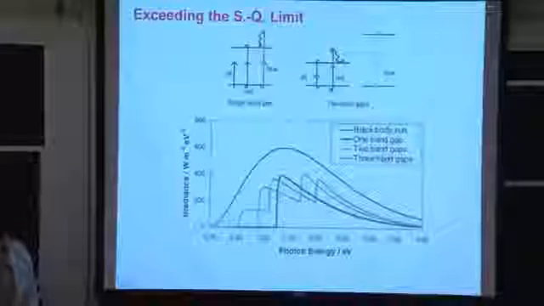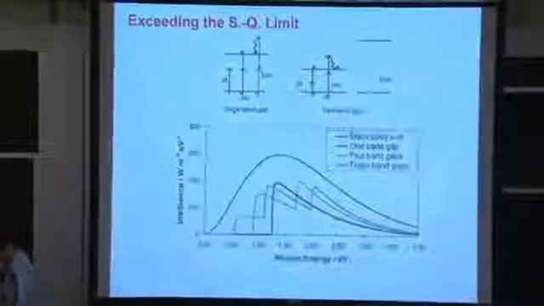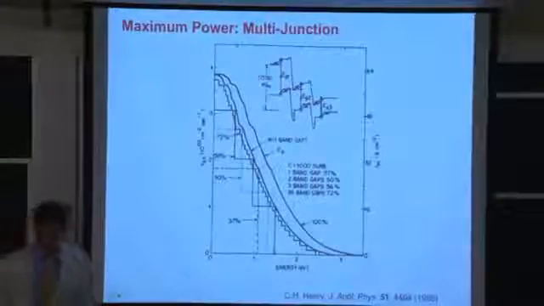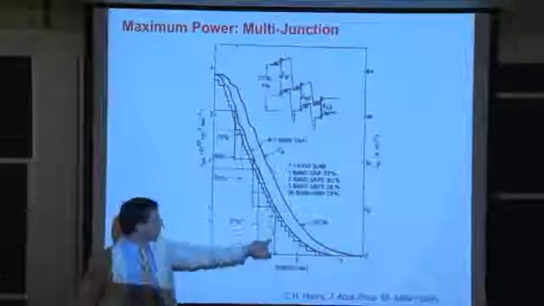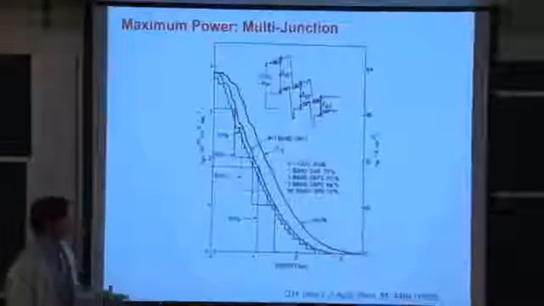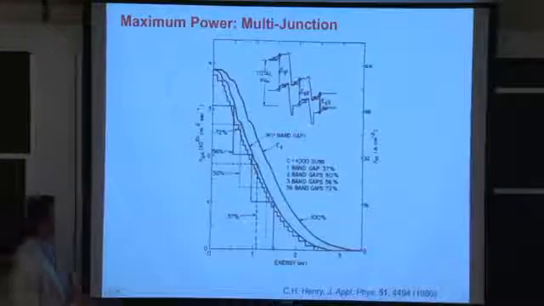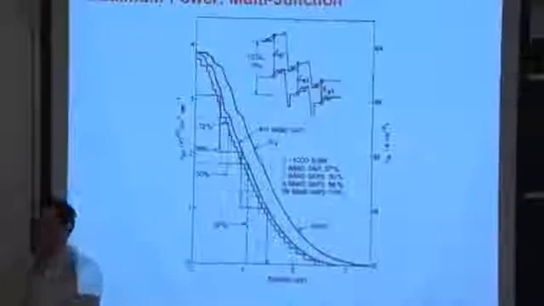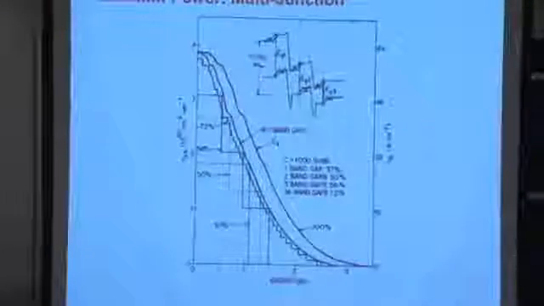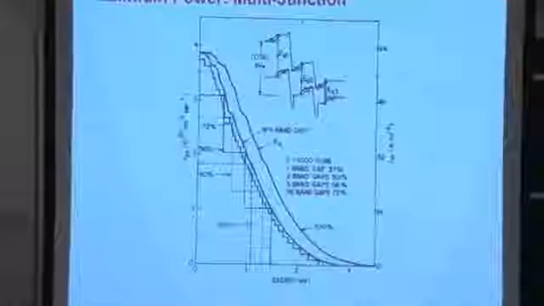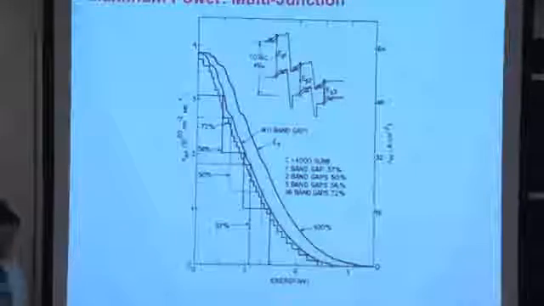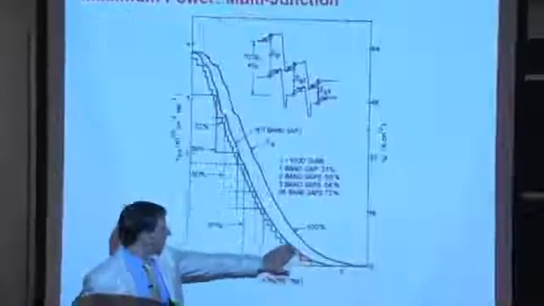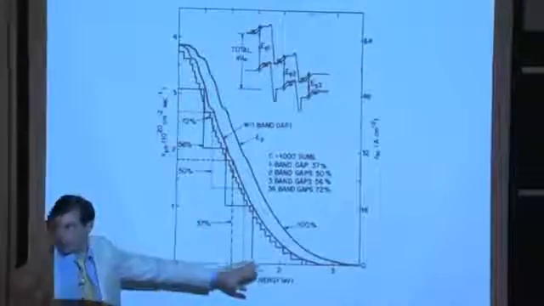So I'm going to go into one advanced concept, the multi-junction devices. And we just talked about this box here representing the usable energy from the solar spectrum. Now if we go to an absurd case of 36 band gaps, if we imagine 36 materials with graded band gaps, starting from large band gap at the top to small band gap at the back, you can envision almost approximating that entire curve.